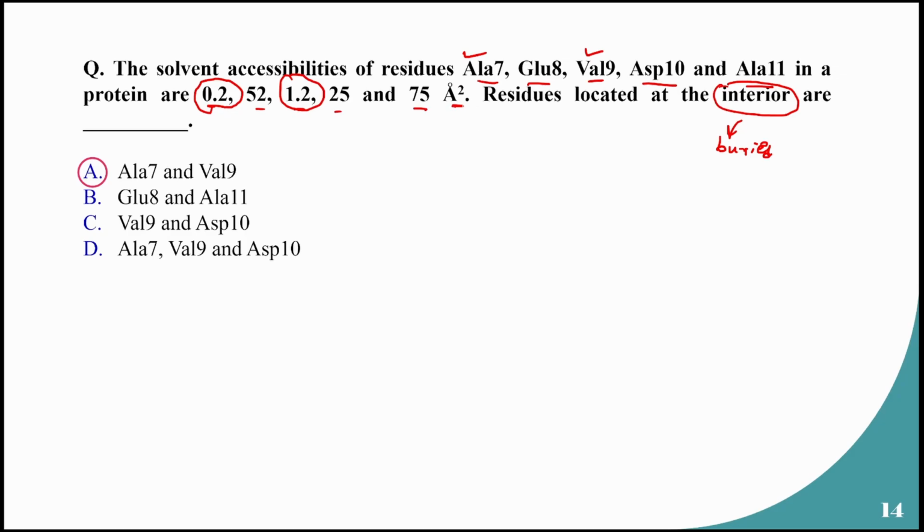If you notice, the unit is angstrom square, which indicates an area, the area of the residue that is exposed to solvent. Now, if a very small value of area is exposed to the solvent, then that residue would be present in an interior position. So this is not distance. This is an area value.